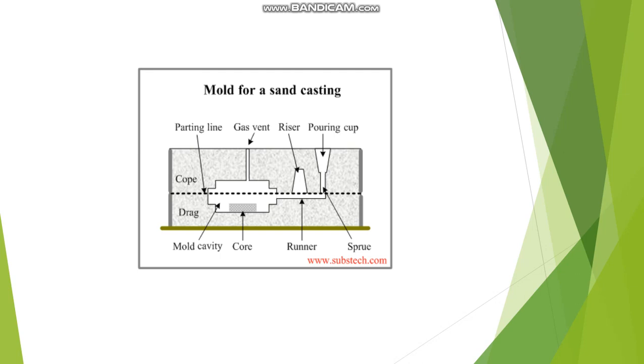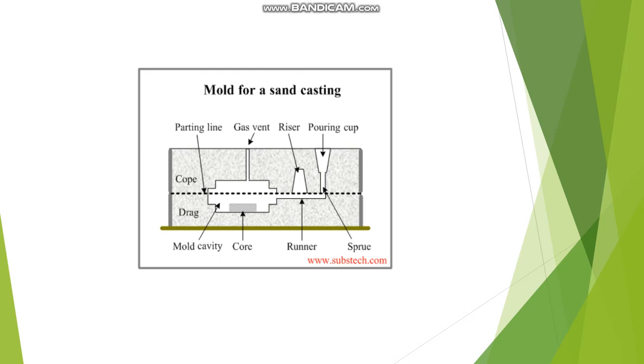So whatever area remains unfilled will be filled from this extra material in the riser, to fill up the total cavity to have the complete casting. So this is actually the complete picture of a mold in a casting.